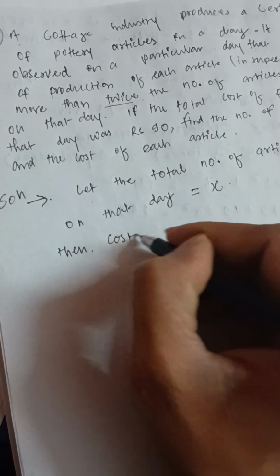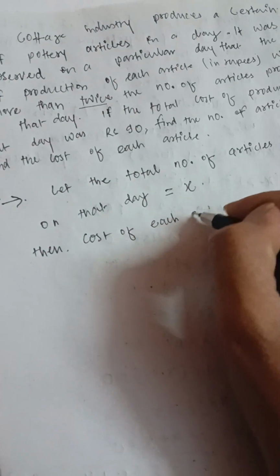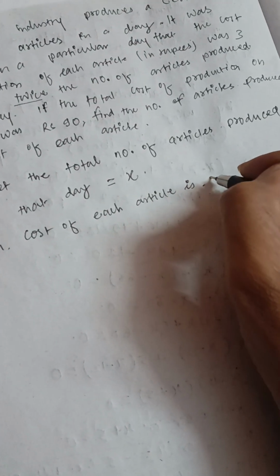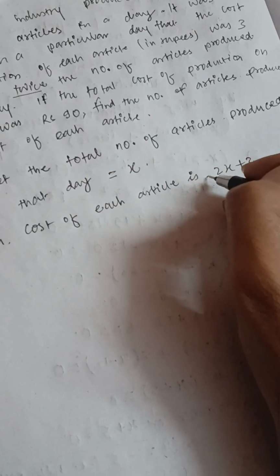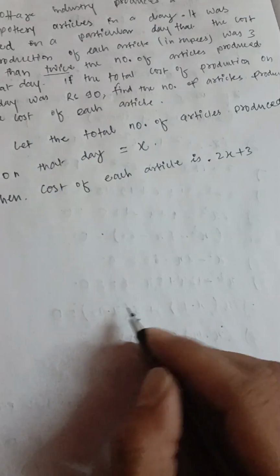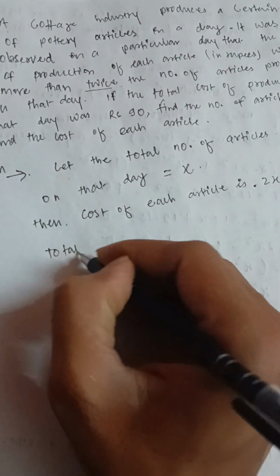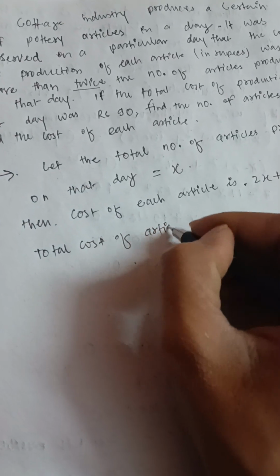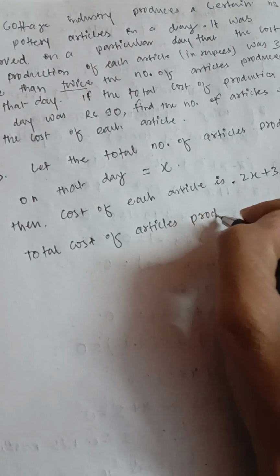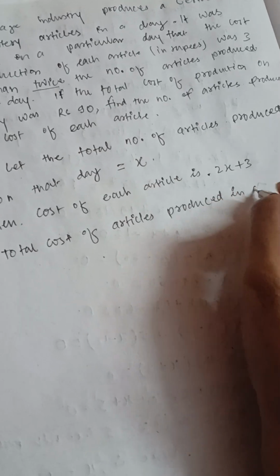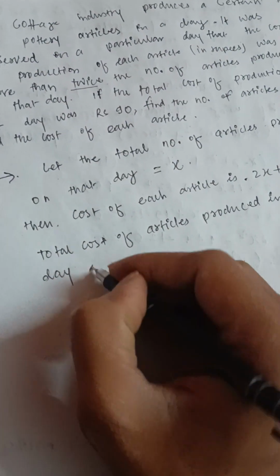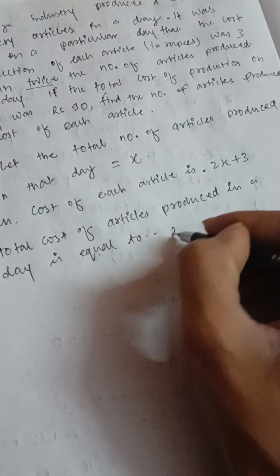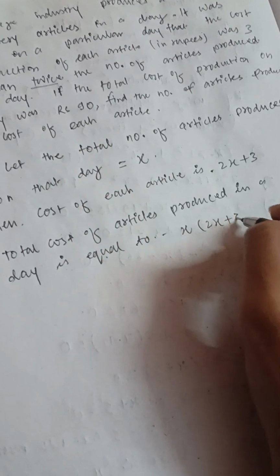Then the cost of each article is 2x plus 3, and the total cost of articles produced in a day is equal to x into (2x plus 3).